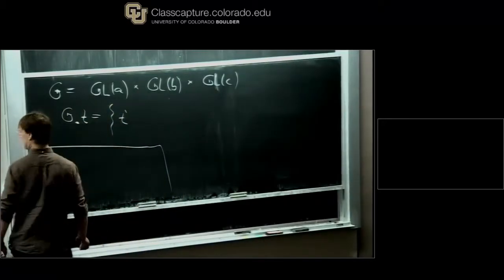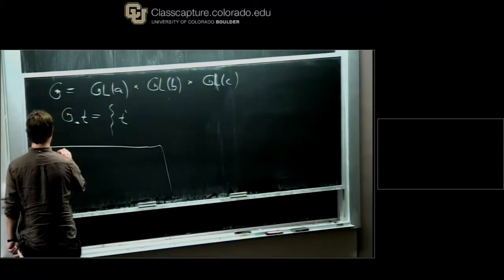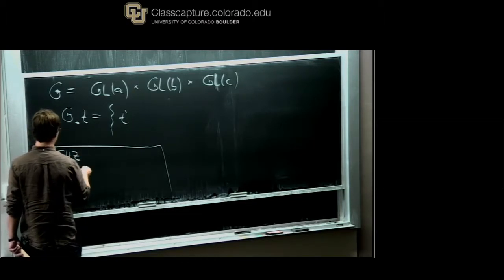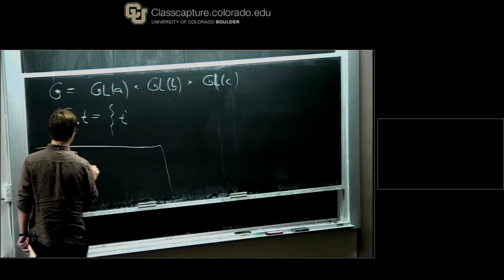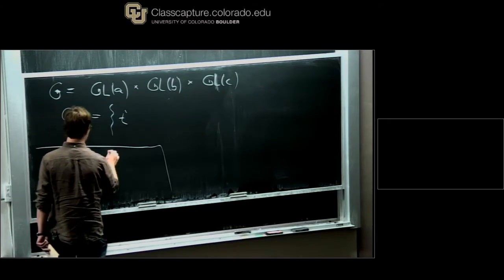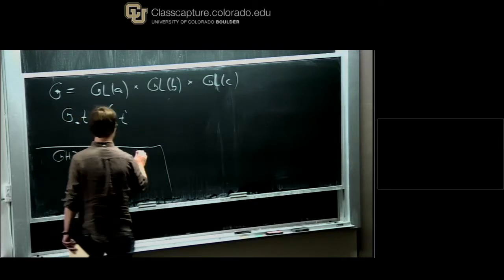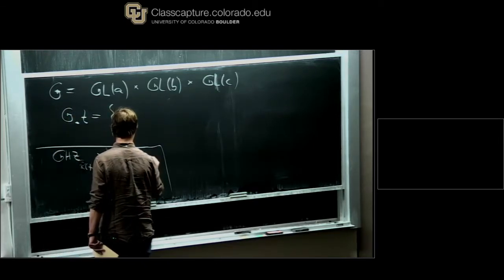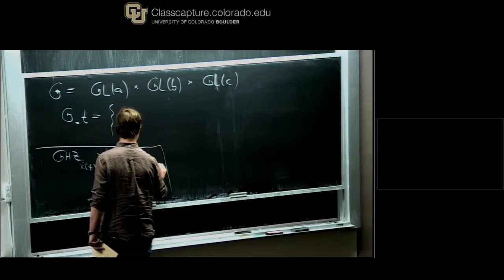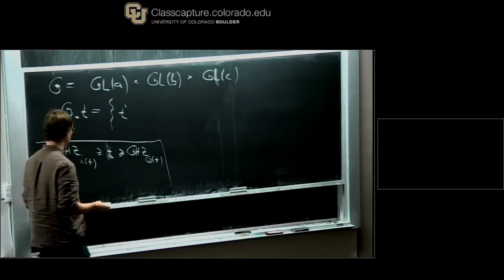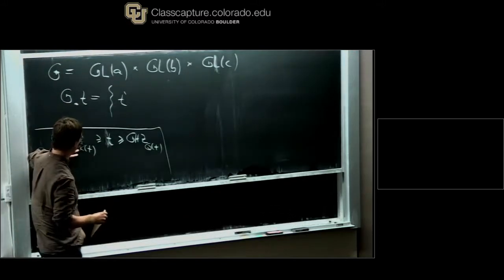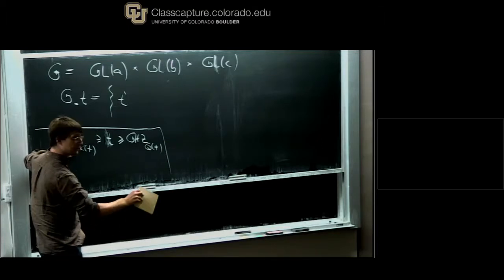If it was not true, then you would have some numbers, then you would have that the GHZ of some R, the GHZ of R of T would be bigger than it, it restricts to T, and that restricts to the GHZ of Q of T. Okay, so if Q of T was bigger than R of T, then it would mean that by restriction you can kind of increase your GHZ state.